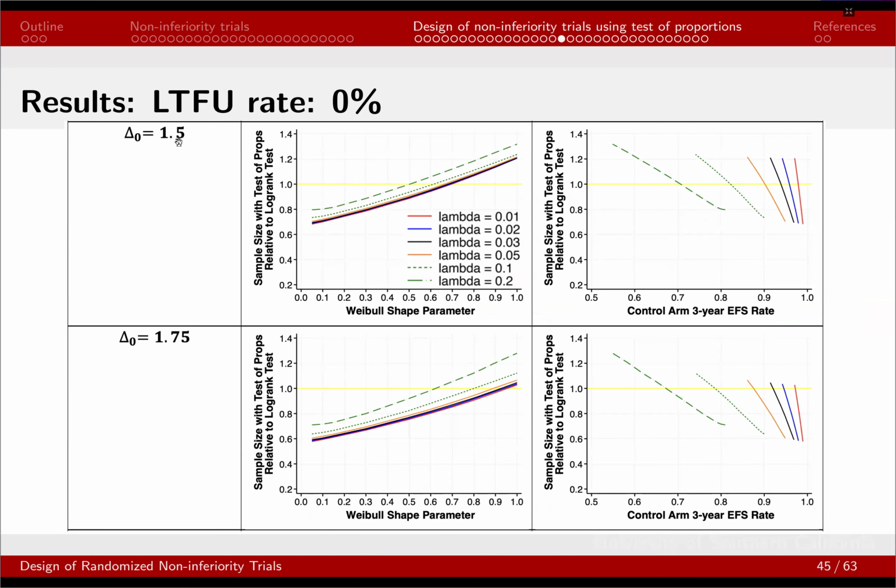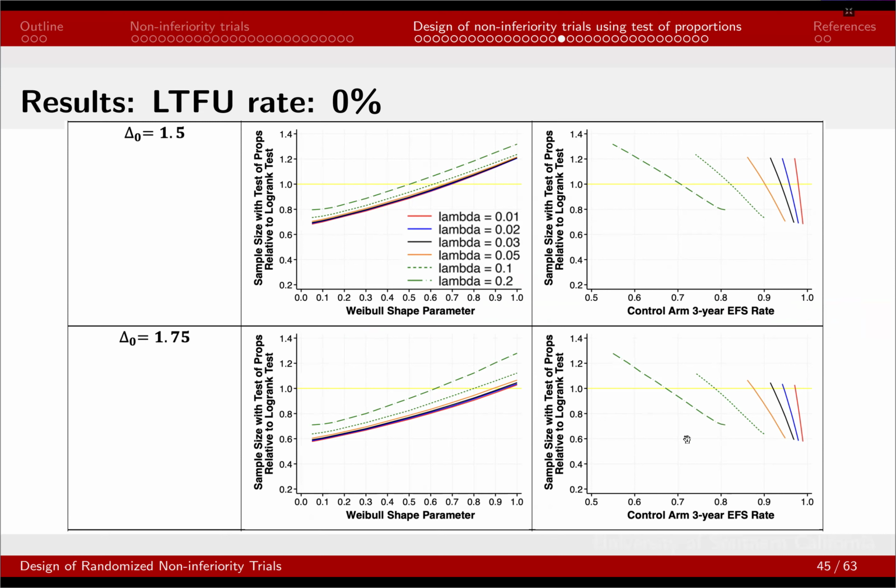If we increase the hazard ratio margin, we can see that more and more scenarios would benefit from the use of tested proportions. And if the hazard ratio margin is 1.75, the majority of the trials would benefit from using tested proportions. And sometimes the decrease in sample size is actually dramatic.